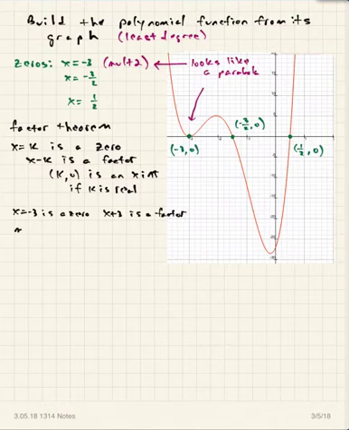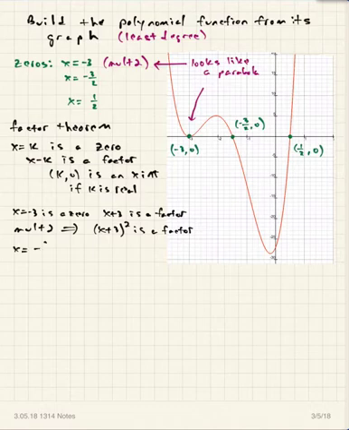And because its multiplicity is 2, then we know that x plus 3 squared is a factor. All right? Because we know that -3/2 is a 0, then we know that x plus 3/2 is a factor.